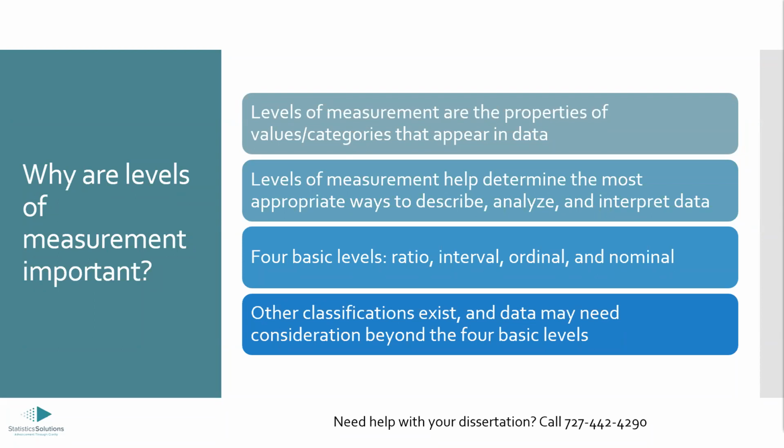But it is worth noting that there are other types of classifications. For instance, there are certain classifications that distinguish interval or ratio data from count data and other examples. So although these four basic classifications will serve you well for the most part, it is possible that data may need consideration beyond the four basic levels, depending on exactly what type of data you're looking at and what the scope of your study is.